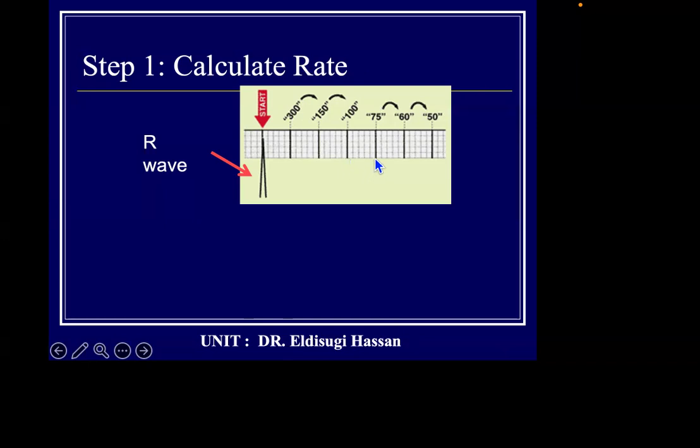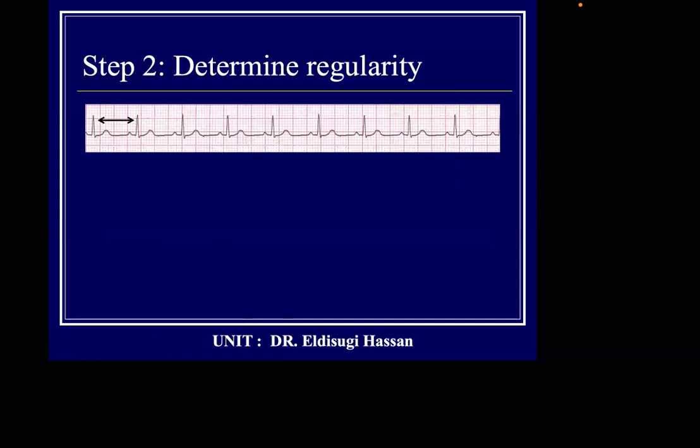If the next R wave is here, this is the first R wave, and this is the next R wave, you count the large QRS complex 1, 2, 3, 4. So 300 over 4, the heart rate will be 75. But you should not apply this concept if the ECG is not regular. For example, if the patient has atrial fibrillation, you should not apply this concept.